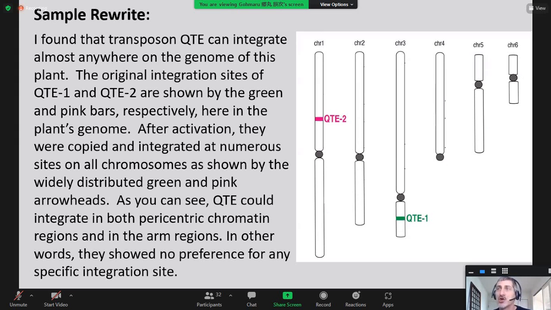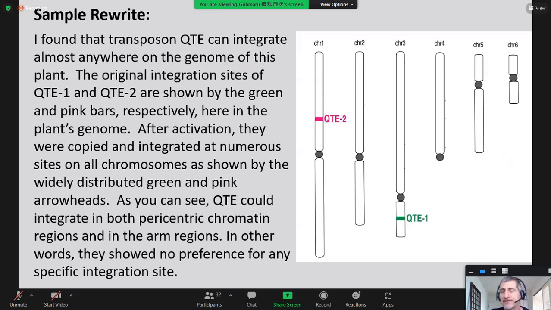So the conclusion first. I found that transposon QTE can integrate almost anywhere in the genome of this plant. The original integration sites of QTE 1 and 2 are shown by the green and pink bars, respectively, shown here in the plant's genome.